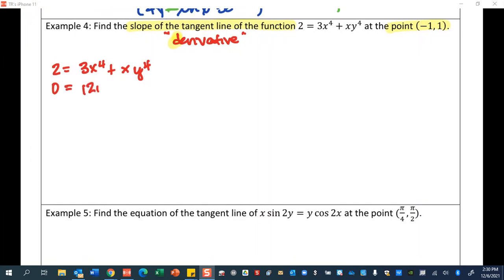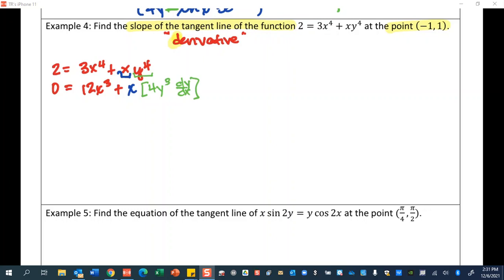This is going to be 12x to the 3rd plus, now, if it helps you to color code, here's your first and here's your second. And I don't care how you do it, because with the product rule, everything's commutative, multiplication and addition. So here's my first factor times the derivative of my second factor, 4y cubed, what do I do? dy dx.